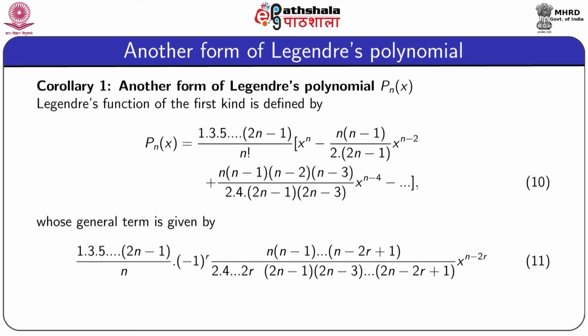If you generalize that to the rth term, since all are even numbers, it is 2.4 ... 2r. Similarly, the next part, 2n minus 1 into 2n minus 3, generalizes to 2n minus 1, 2n minus 3 ... 2n minus 2r plus 1. And the expression x to the power n minus 4 will give you x to the power n minus 2r.